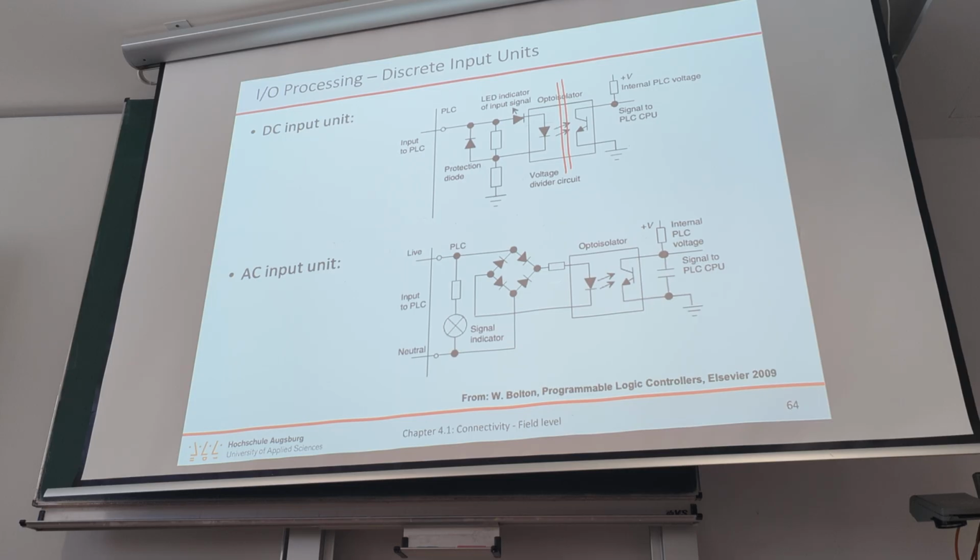But for temperature, pressure, and so on, that's totally fine. So you have the 4 to 20 milliamps signal plus the power supply on the same cable, which helps to save some of the cabling.